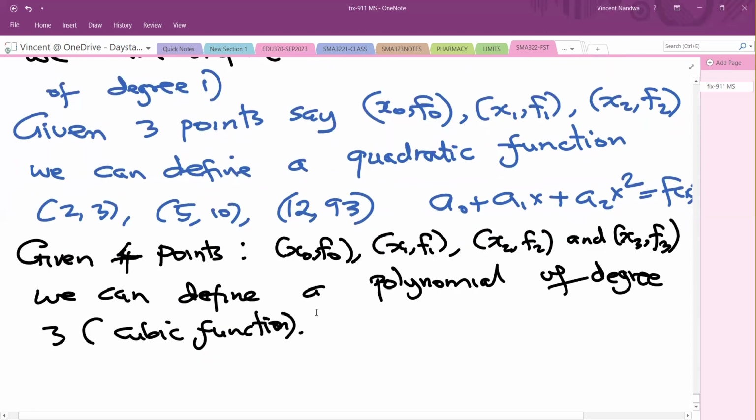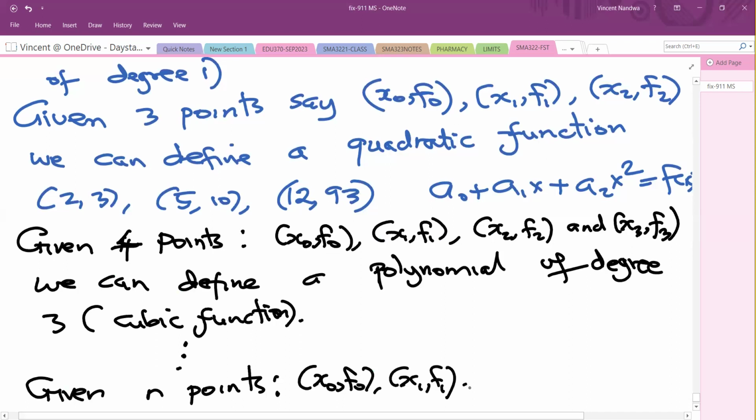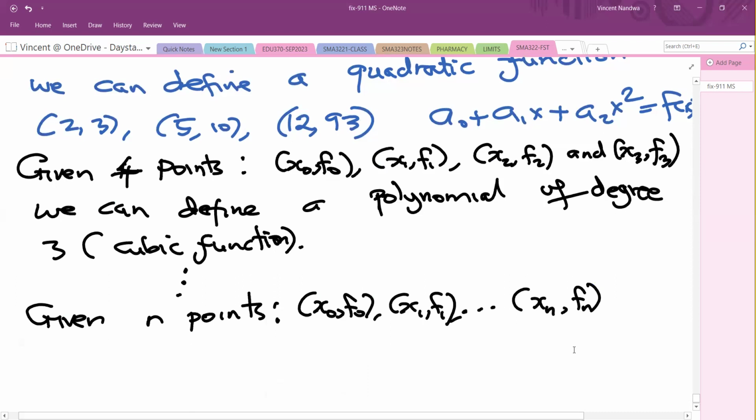Then if we continue in a similar manner, and you are given n points, say x naught, f naught, x1, f1, all the way up to xn, fn, what is the maximum degree polynomial that these points can define? We follow the same order. N minus 1, correct.